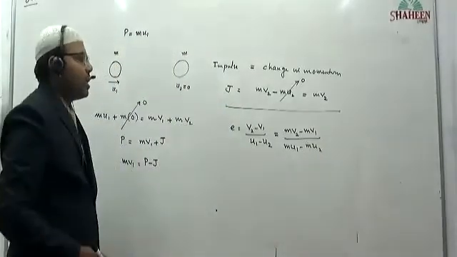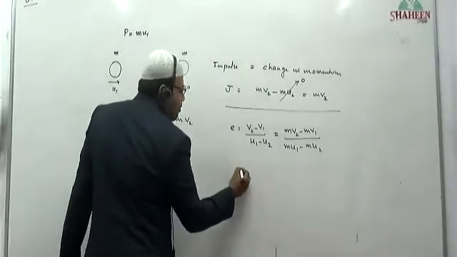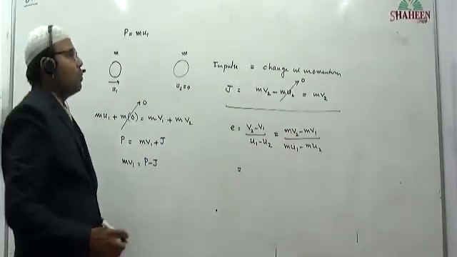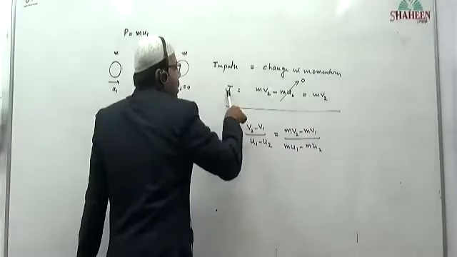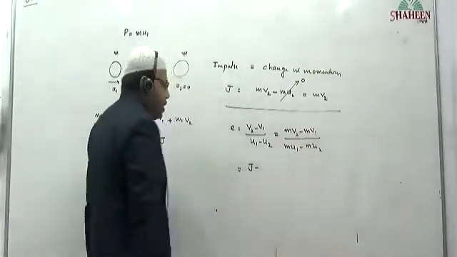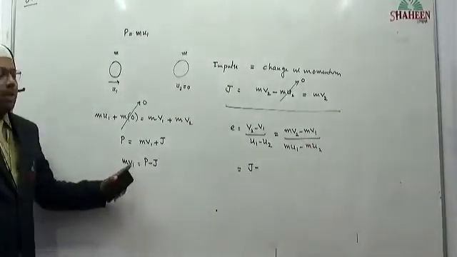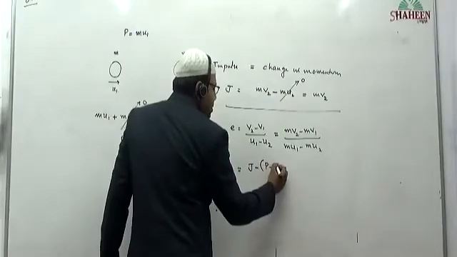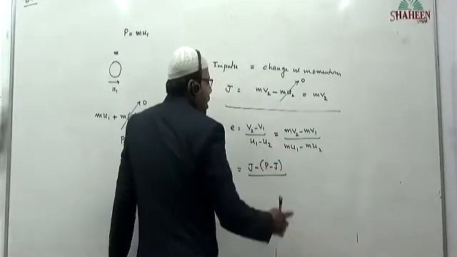Now substitute करेंगे अब, every value we are going to substitute. Pay attention. What is mv2? mv2, you can see, the value is j minus mv1. What is the value for mv1? p minus j. So I will write here p minus j divided by mu1.